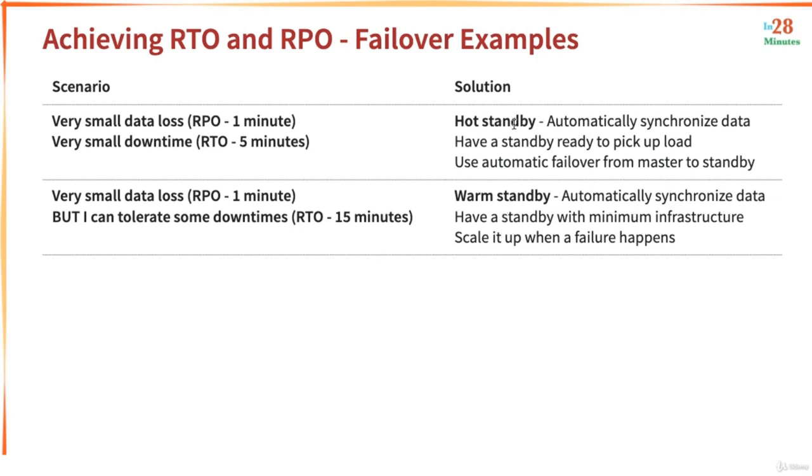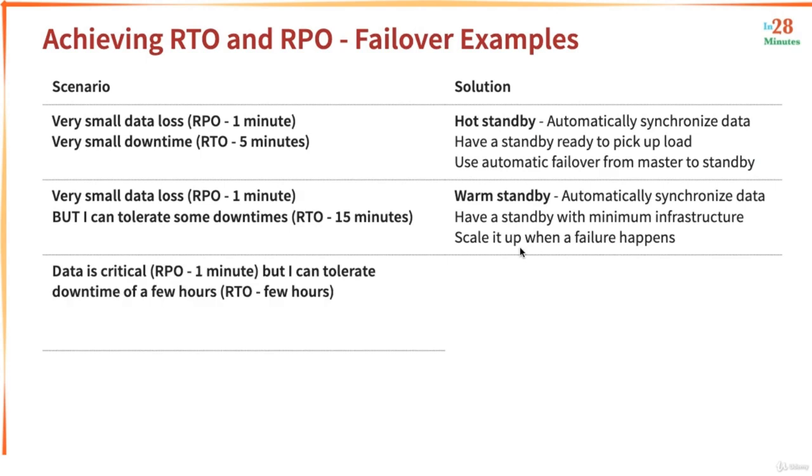If you have a standby which is ready to pick up load, then it's very expensive. But if you have a standby with just the right amount of data, but with minimum infrastructure, then whenever a failure happens, you can scale it up to handle the load. Scaling up will take a little bit of time, and anyway, we have the RTO of 15 minutes. So if we scale it up within 15 minutes, we are good.